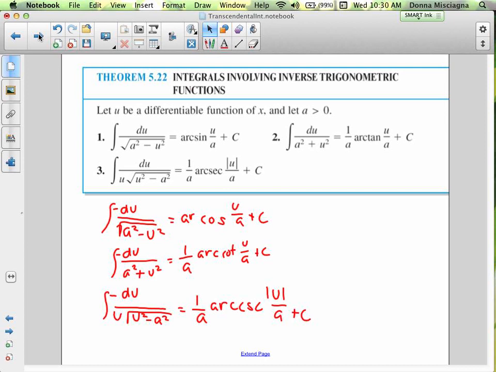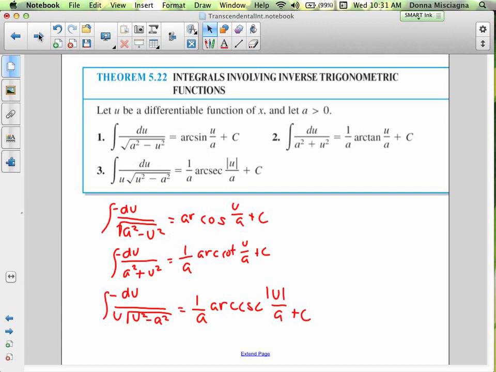And then if we have the integral of du over u times the square root of u squared minus a squared, that's going to be 1 over a arcsecant absolute value of u over a plus c. And if we have the same thing but negative, then that would be 1 over a arccosecant absolute value of u over a plus c.